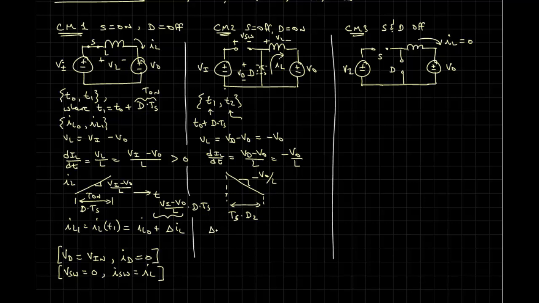The delta IL during this time will be equal to minus VO over L times TS times D2. And we can say VD is equal to 0 and ID is equal to IL, and V switch is equal to Vin, and I switch is equal to 0.